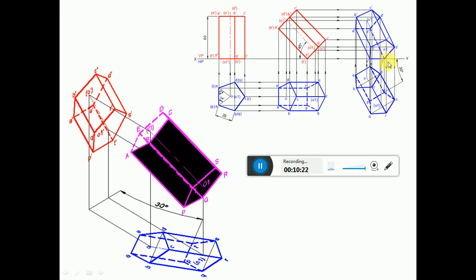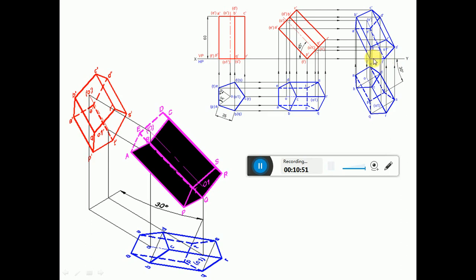So obviously that edge is going to become invisible, because the condition says two visible edges can never cross each other. If E dash T dash became visible, that condition could not be satisfied, because Q dash R dash is visible, so it has to be invisible. So E dash T dash becomes invisible.